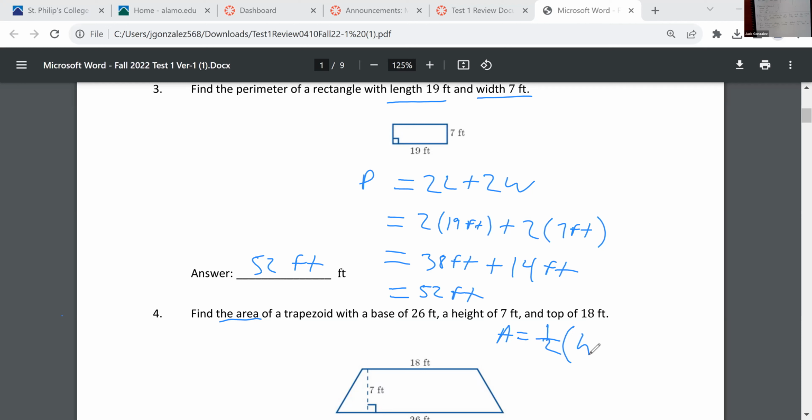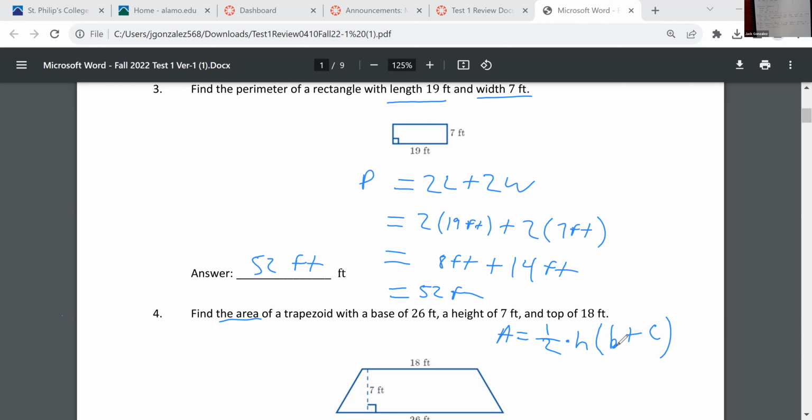Wait up, wait. One half times. From your notes.